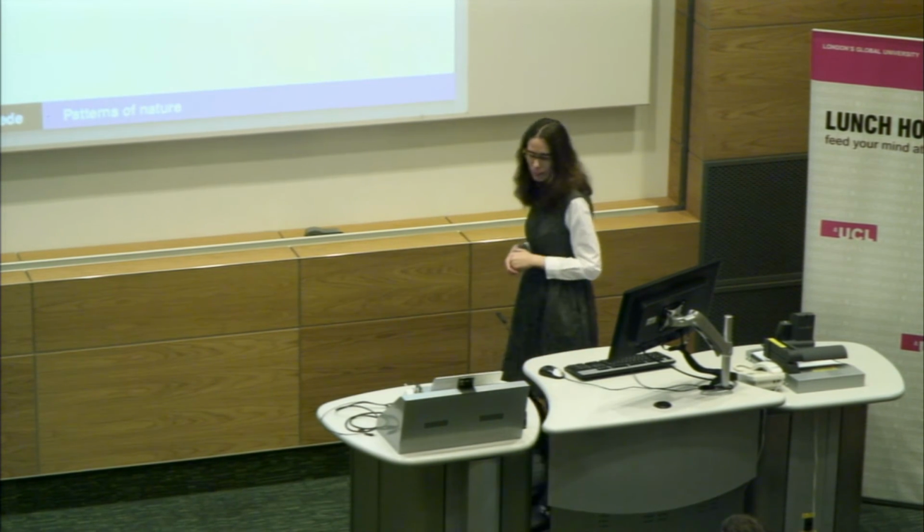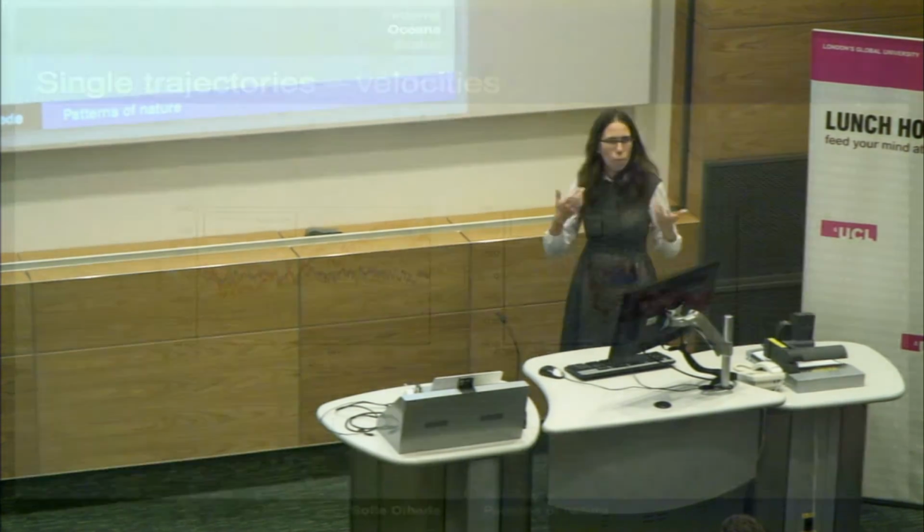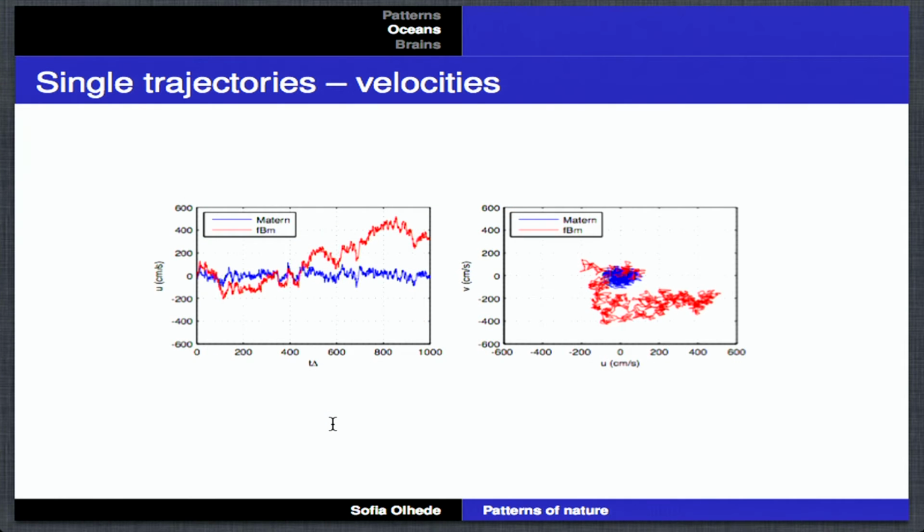So just to show you an example of why it makes sense to ask these types of questions and then look at real data, what we see on the left-hand side is two different mathematical models that are generating different output. And they kind of give insights into how real data could tell us what kind of model we'd need because they look quite different in terms of their output.